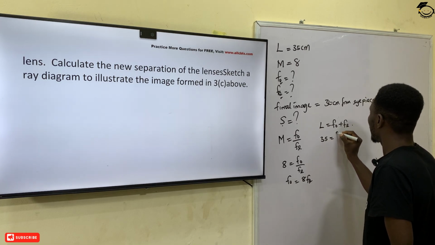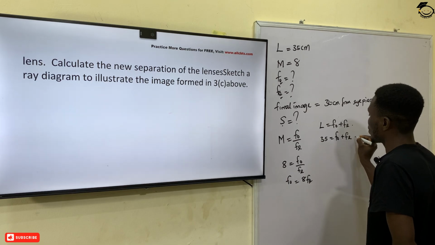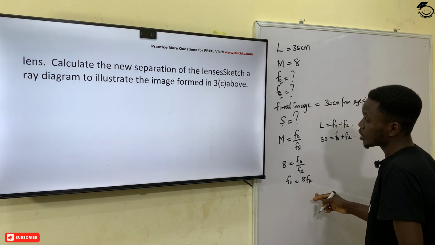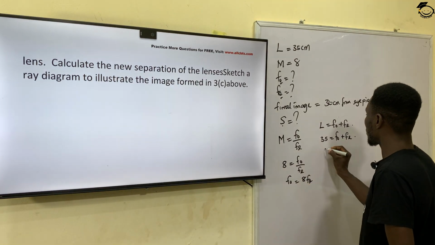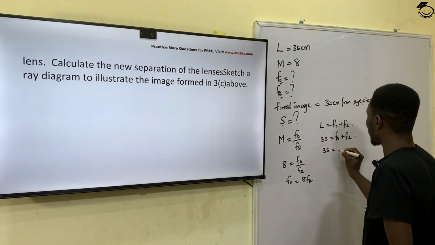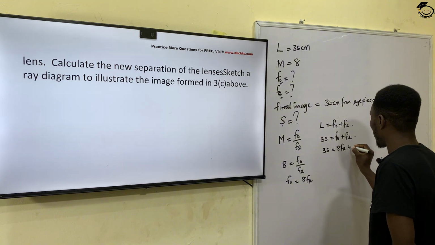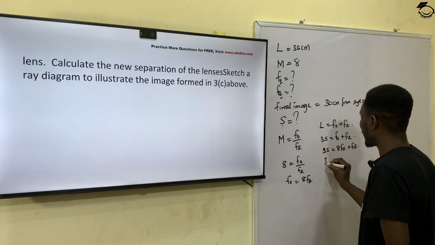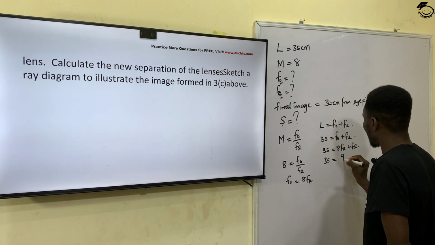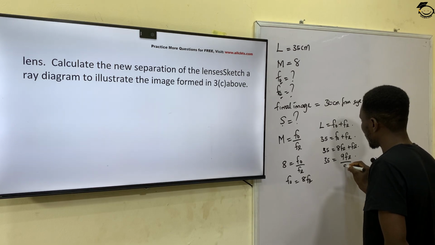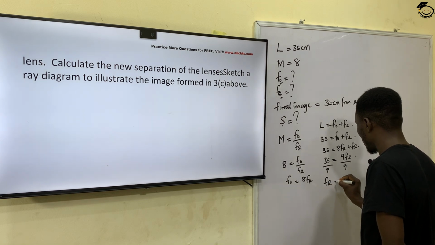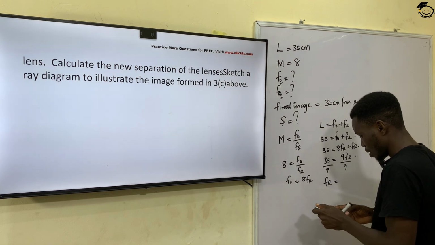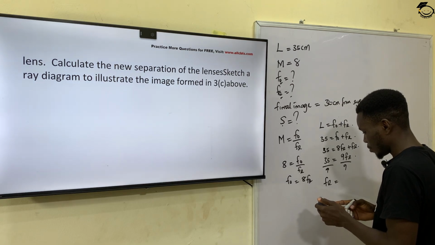So 35 is equal to F0 plus Fe, and since F0 is 8Fe, I have 35 is equal to 8Fe plus Fe. This means 35 is equal to 9Fe. If I divide both sides by 9, my Fe is equal to 35 divided by 9.